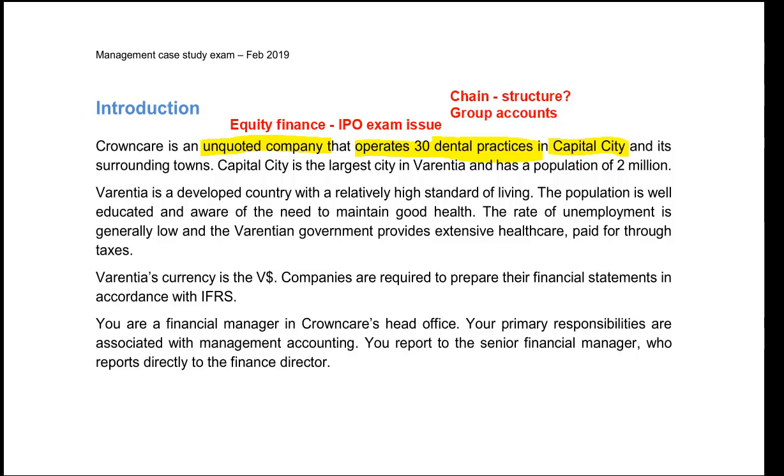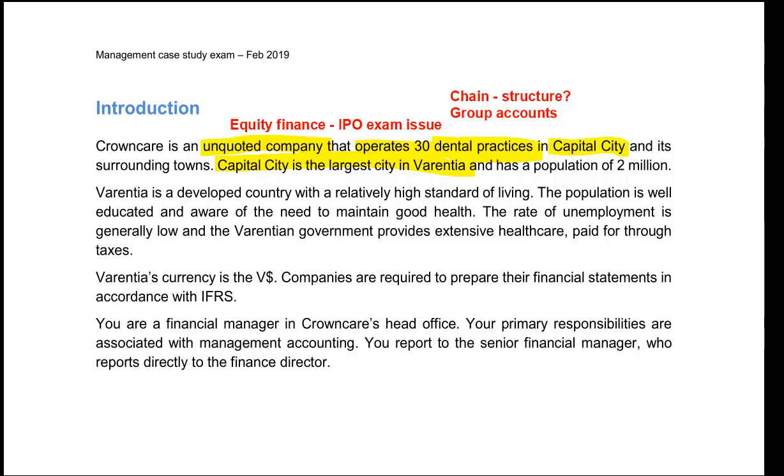Oh wait, okay, so hold on. This Capital City is the largest city in Varentia. Okay, so this means that being the largest city is going to be attractive to young professionals. This means that we have a greater opportunity to have our human resources acquire the best talent.